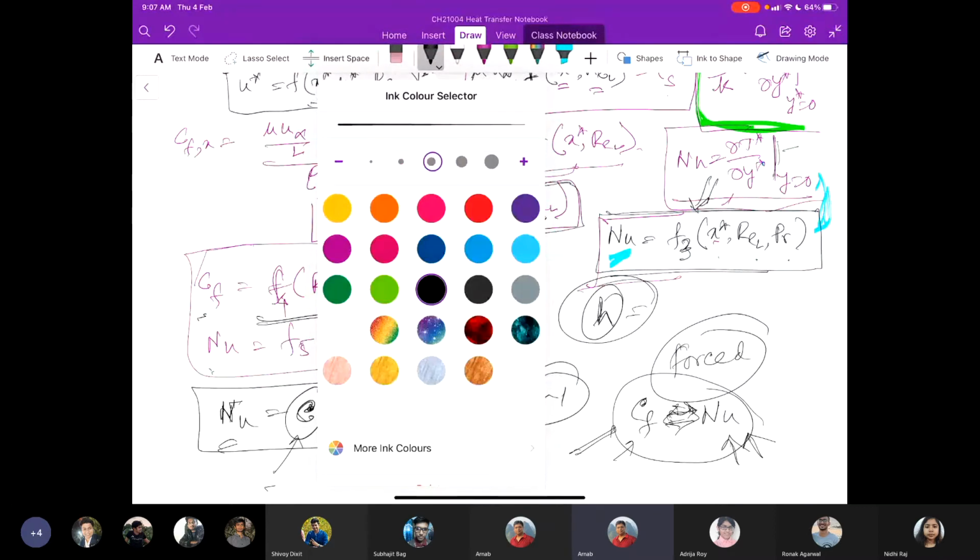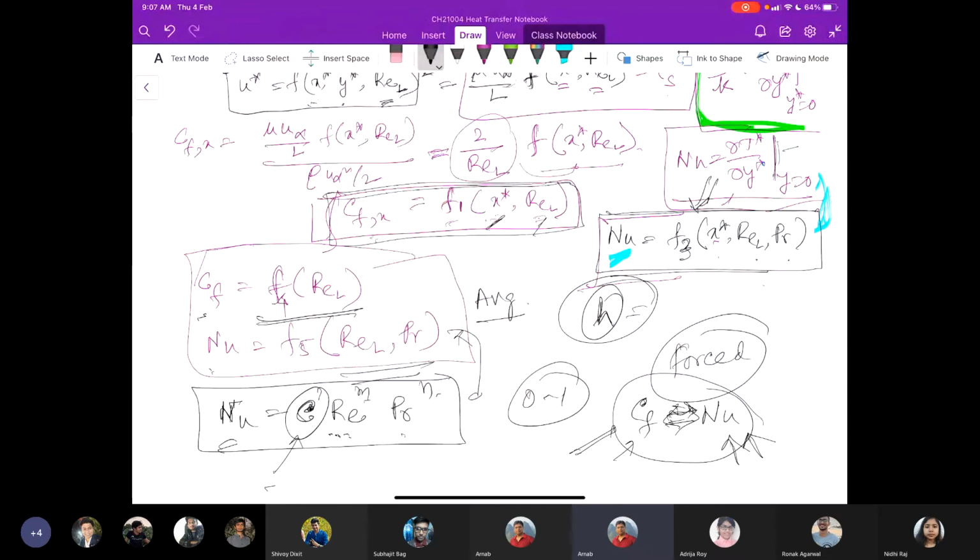And then we have seen that the Nusselt number and the friction coefficient for an average value of any object is basically a function of Reynolds number, and the Nusselt number is a function of Reynolds number and Prandtl number. Based on this theoretical understanding, I mentioned that several researchers then proposed different relations or correlations for several different types of flow.